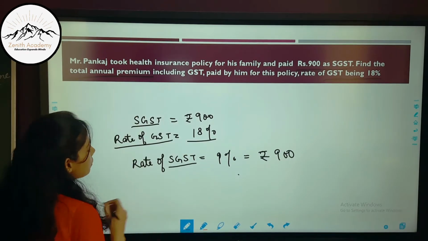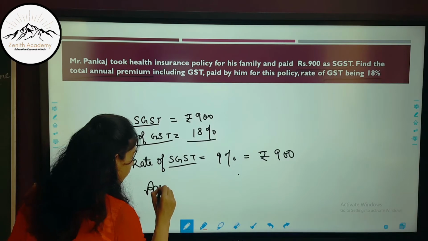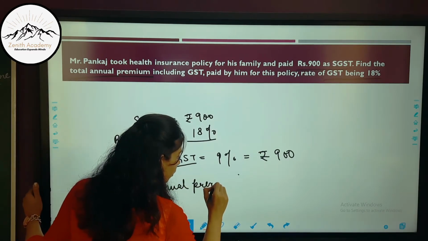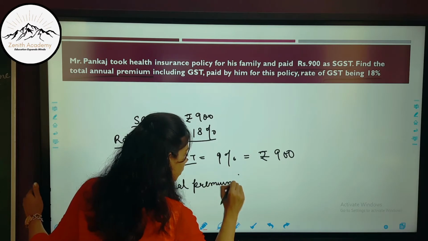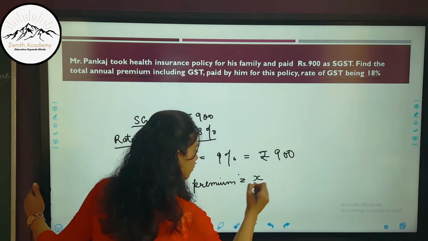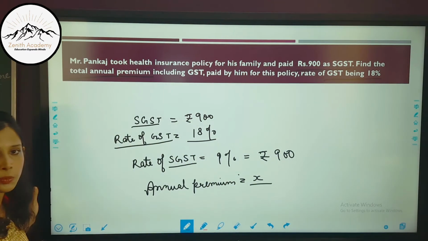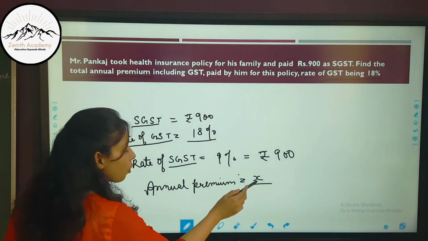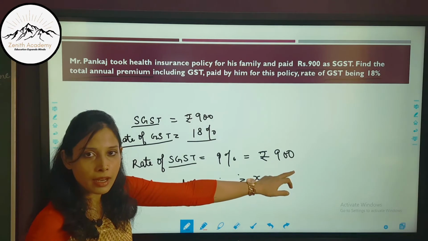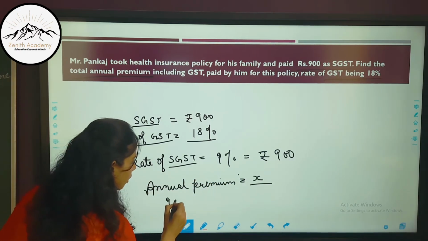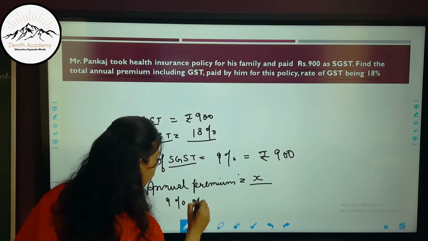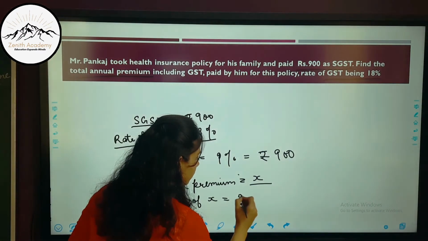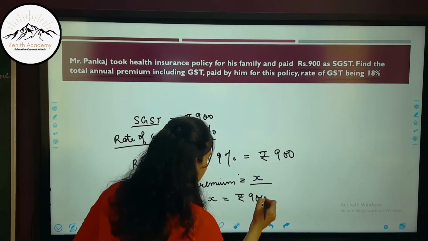Let us suppose that our annual premium on which the GST was calculated is X rupees. Now, 9% of this X rupees is equal to 900.